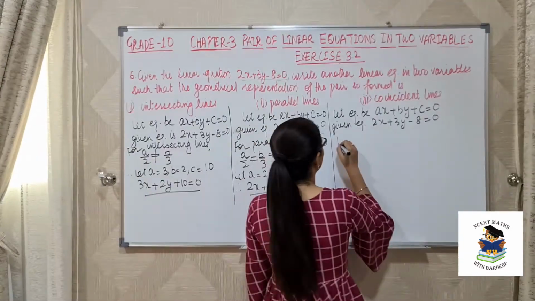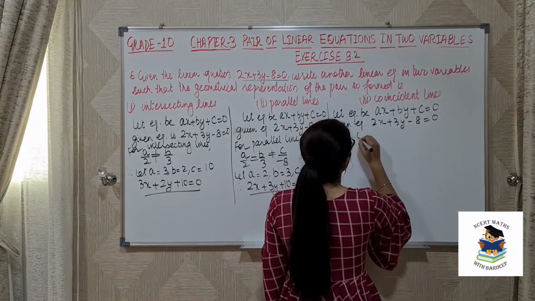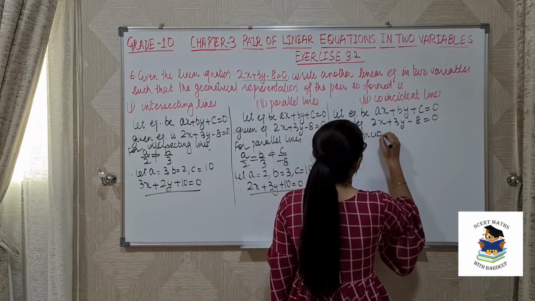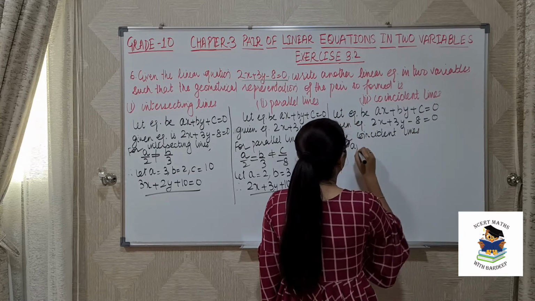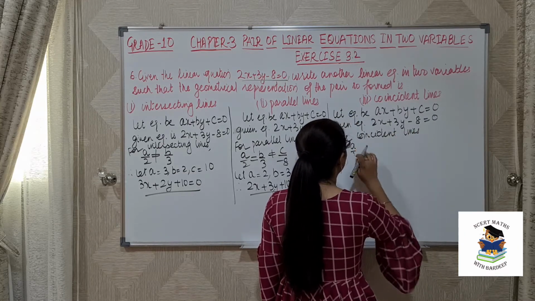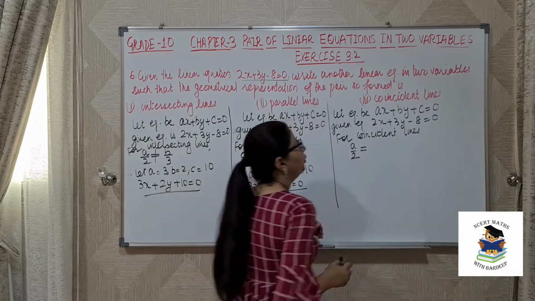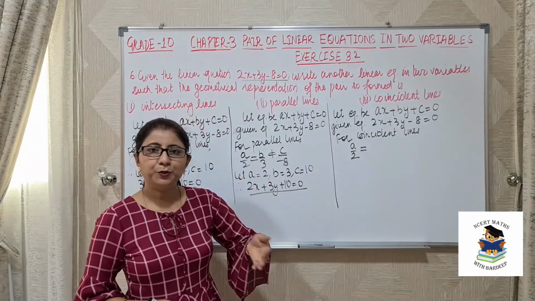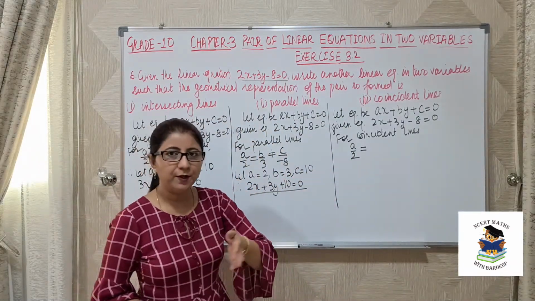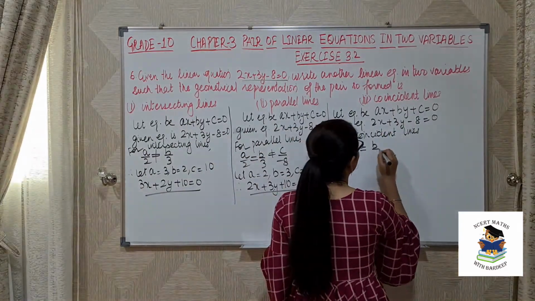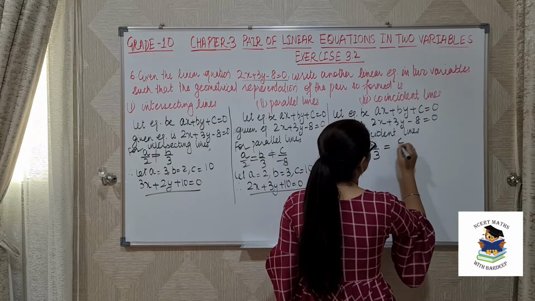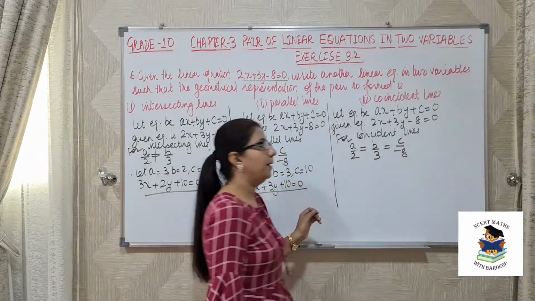And what is the condition for infinite solutions? a1 by a2, so here in our case, this is a by 2, should be equal to b1 by b2, should be equal to c1 by c2. That means all ratios are the same. So here this is b over 3 should be equal to c over minus 8.